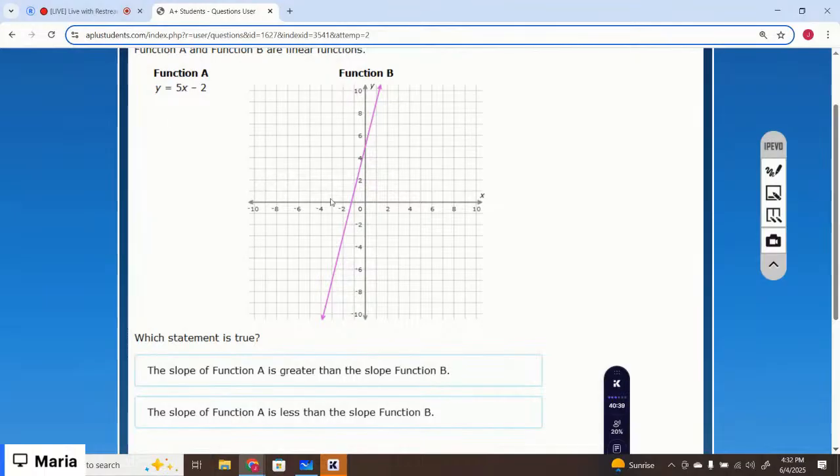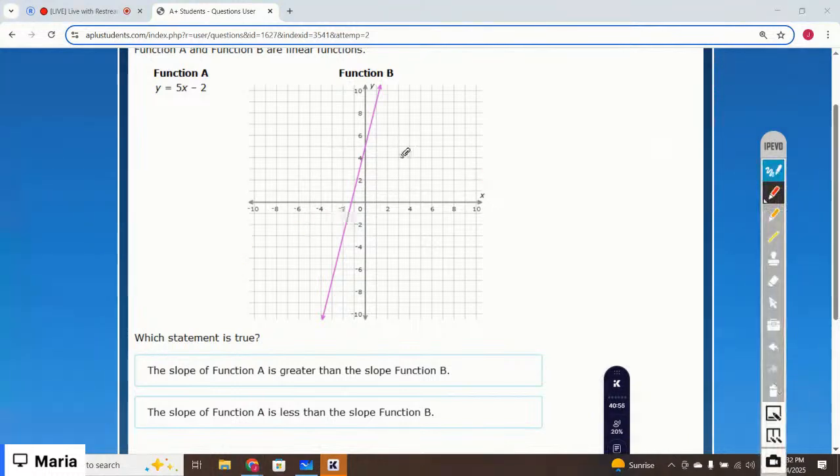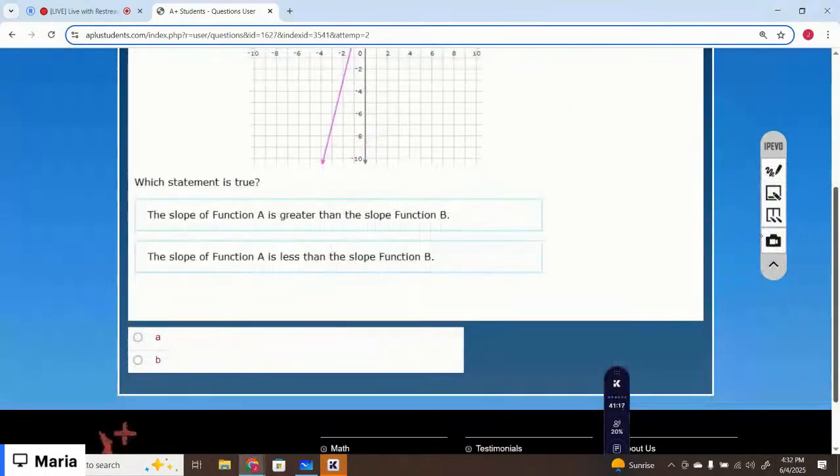The slope of function A is 5, and the slope of function B is 4. So option number 1 is the correct option. That is, the slope of function A is greater than the slope of function B. So option A is the correct option.